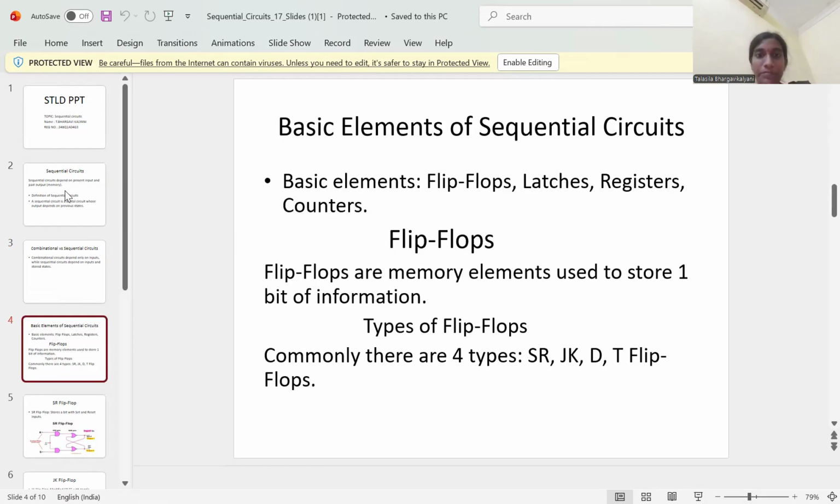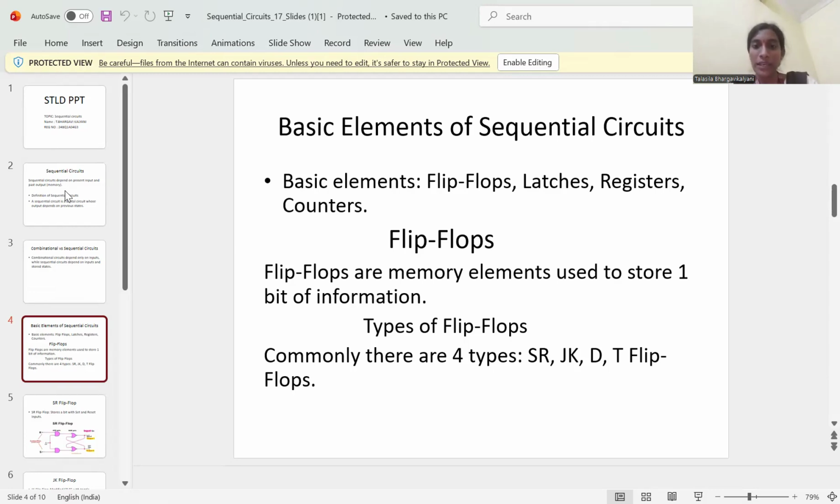The basic elements in sequential circuits, like we discussed before, are flip-flops, latches, registers, counters. Today I am going to tell about flip-flops. Flip-flops are a memory element which are used to store only one bit of information. In flip-flops, there are four types.